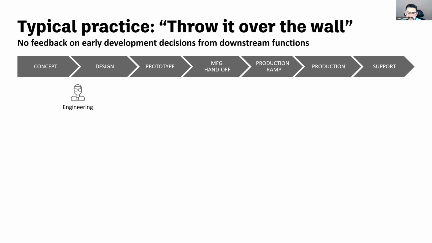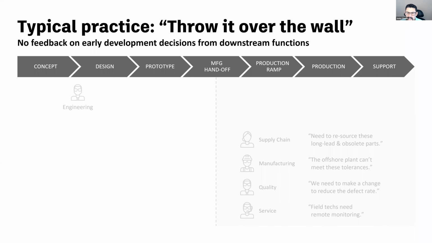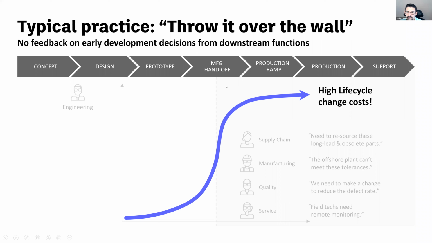I think what you'll see here is we throw it over the wall, right? And in throwing it over the wall, that's when we finally involve some of the rest of the team. So again, I'm guilty of this. We throw it over the wall. We involve the rest of the team way too late in the process.